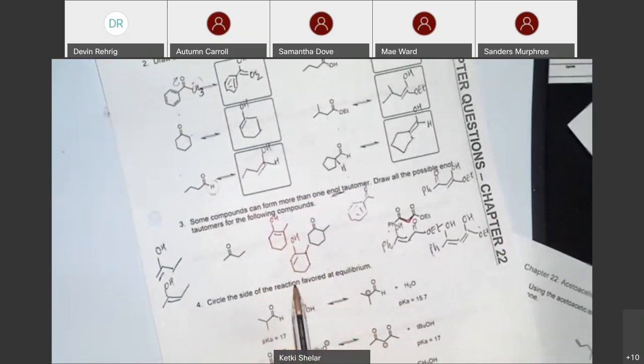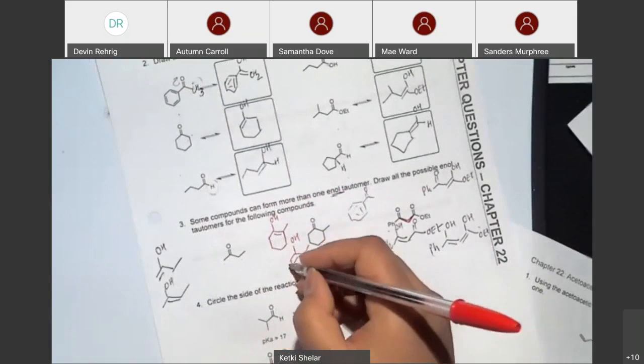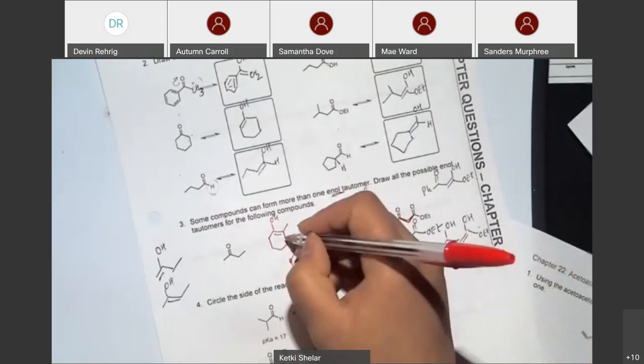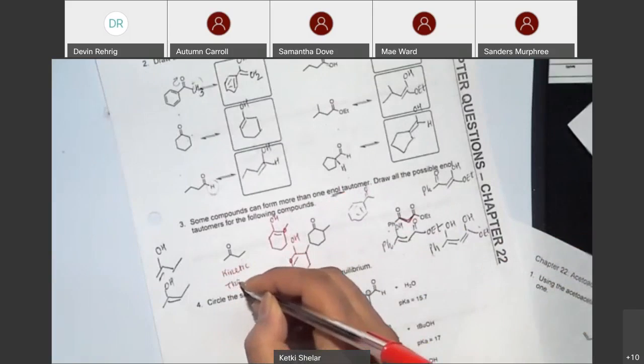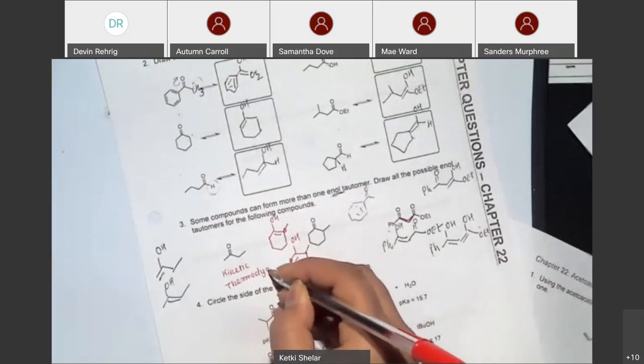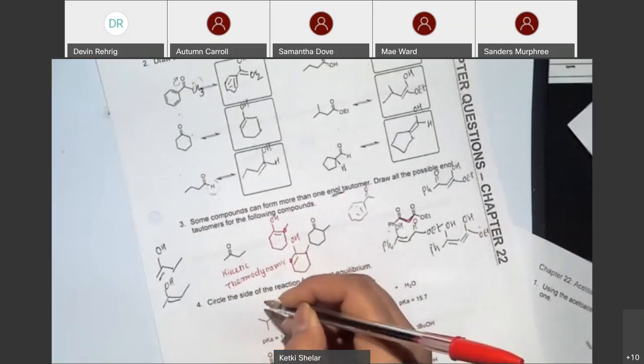What is the difference here? In one structure, there is a double bond towards a more substituted carbon, and in the other, there is a double bond at the less substituted carbon. This is the less substituted carbon. This is the more substituted carbon, right? How can you differentiate the enols based upon this? There is a kinetic enol and the other is the thermodynamic enol. Okay, have you guys studied about this?